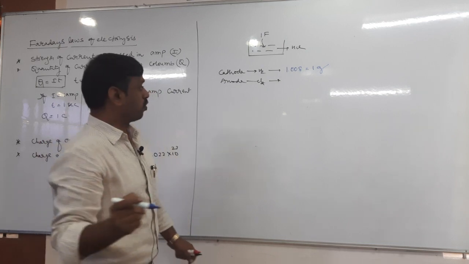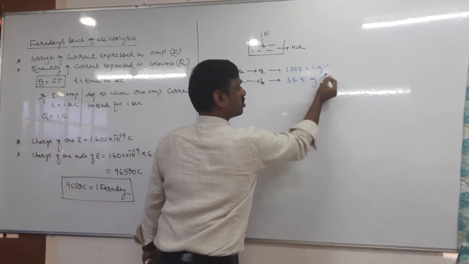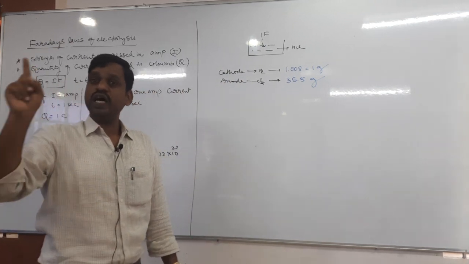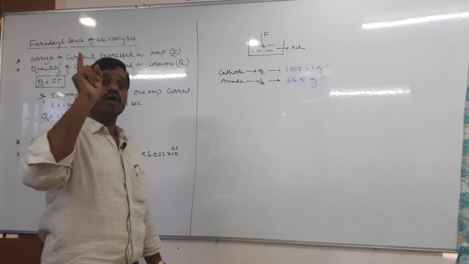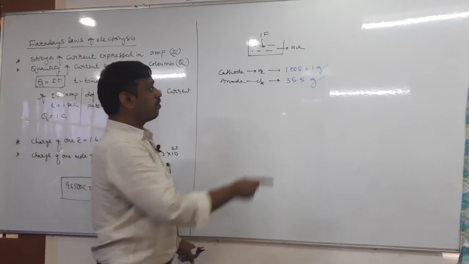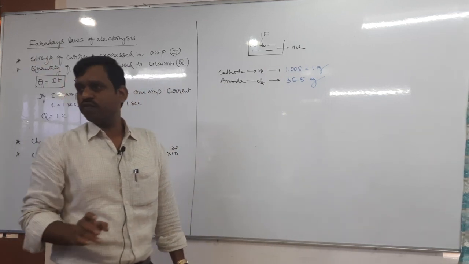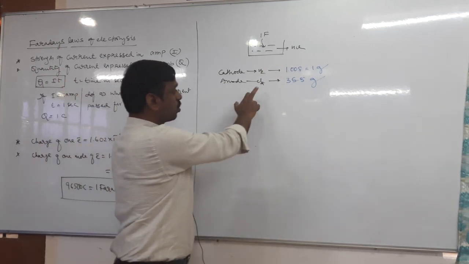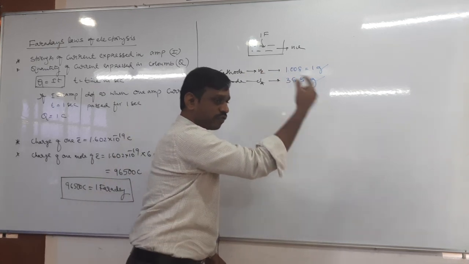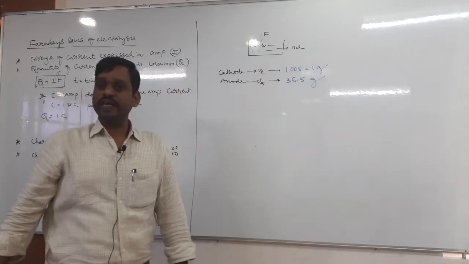The equivalent weight of chlorine is 35.5 grams. Therefore, 35.5 grams of chlorine are liberated, or 1 gram of hydrogen.